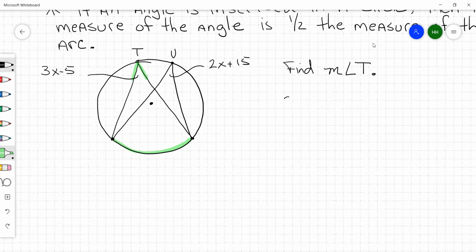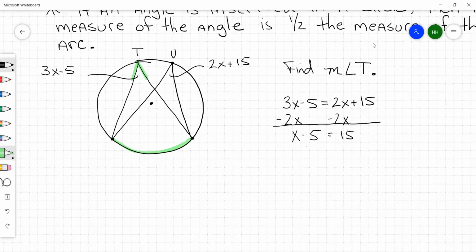So we're going to take 3x minus 5, and we're going to set it equal to 2x plus 15. All right, and then we can subtract 2x from each side. So we're going to get x minus 5 equals 15. Going to add 5 to each side.